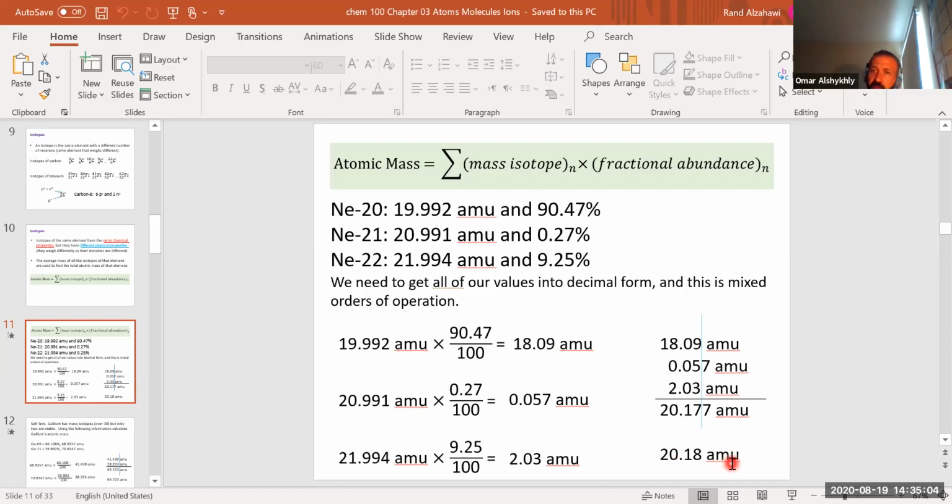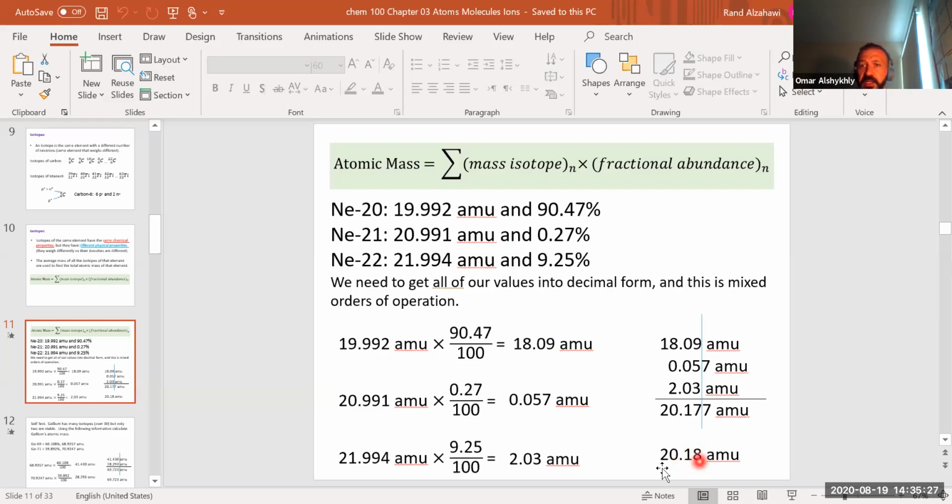If you go back to the periodic table and look for the atomic weight, or atomic mass, for neon, you will see it is very close to this one. Of course, we need to round the number to simplify the calculation. For example, the periodic table that I gave you in Canvas has 20.2. So they just approximate, round this number.